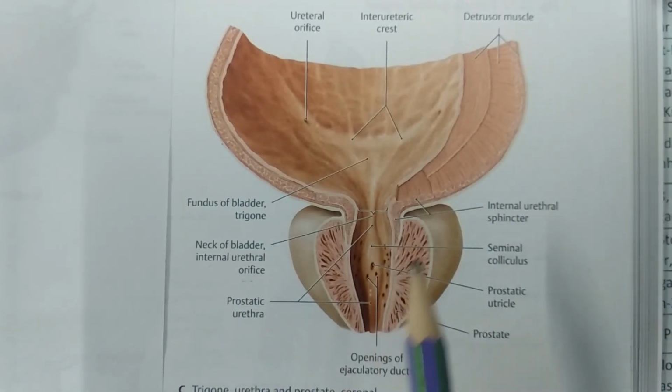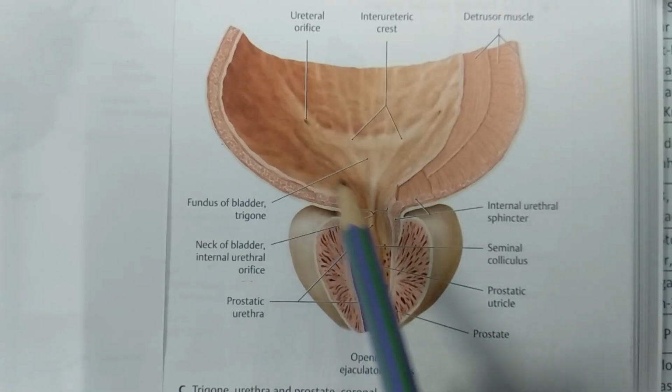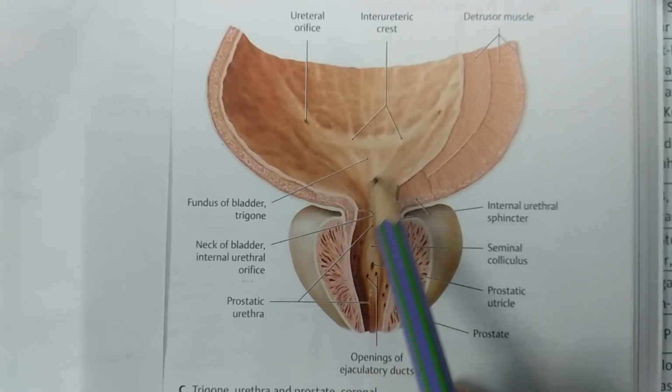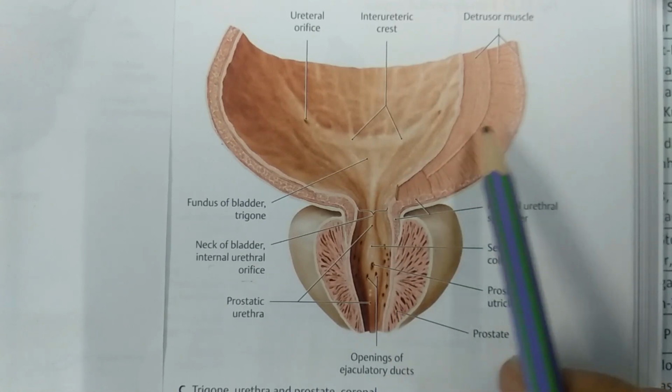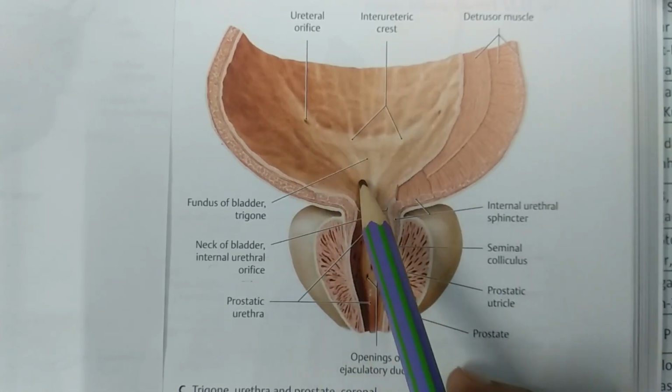Now the third layer, that is the submucous coat. It is composed of loose areolar tissue, and it is present all over the bladder except this trigone area, where the mucous membrane is adherent to the overlying muscles. There is no submucous coat in the trigone area.